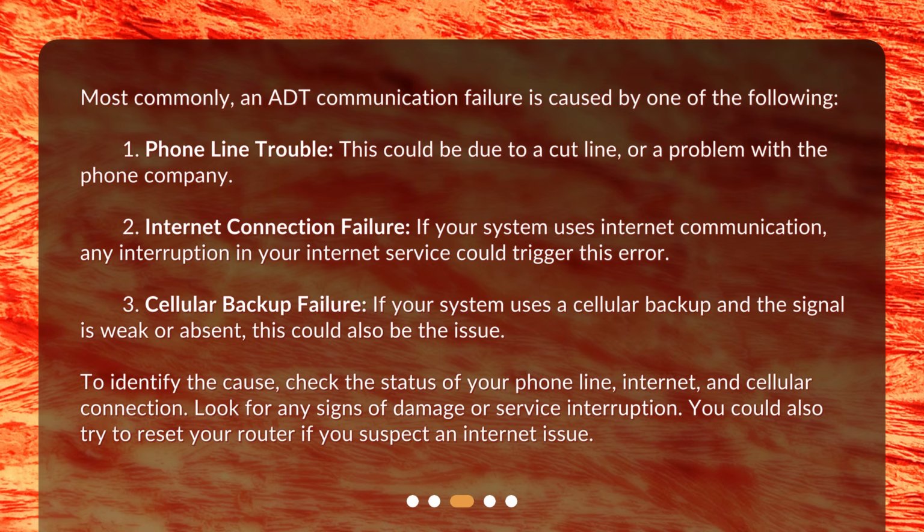Cellular backup failure. If your system uses a cellular backup and the signal is weak or absent, this could also be the issue. To identify the cause, check the status of your phone line, internet, and cellular connection. Look for any signs of damage or service interruption. You could also try to reset your router if you suspect an internet issue.